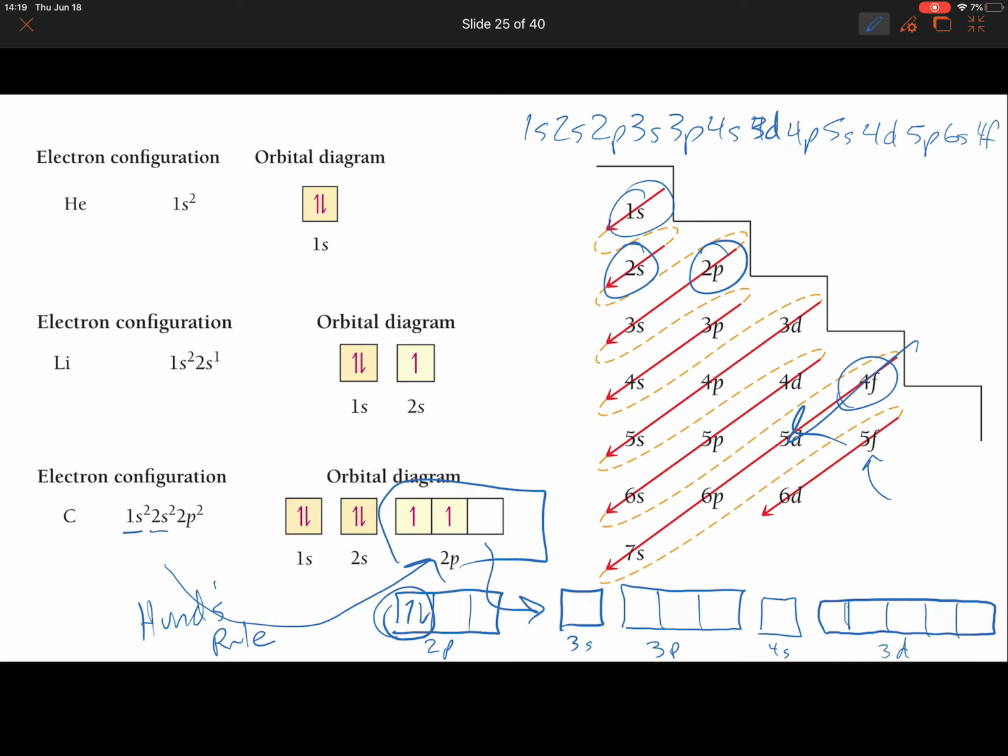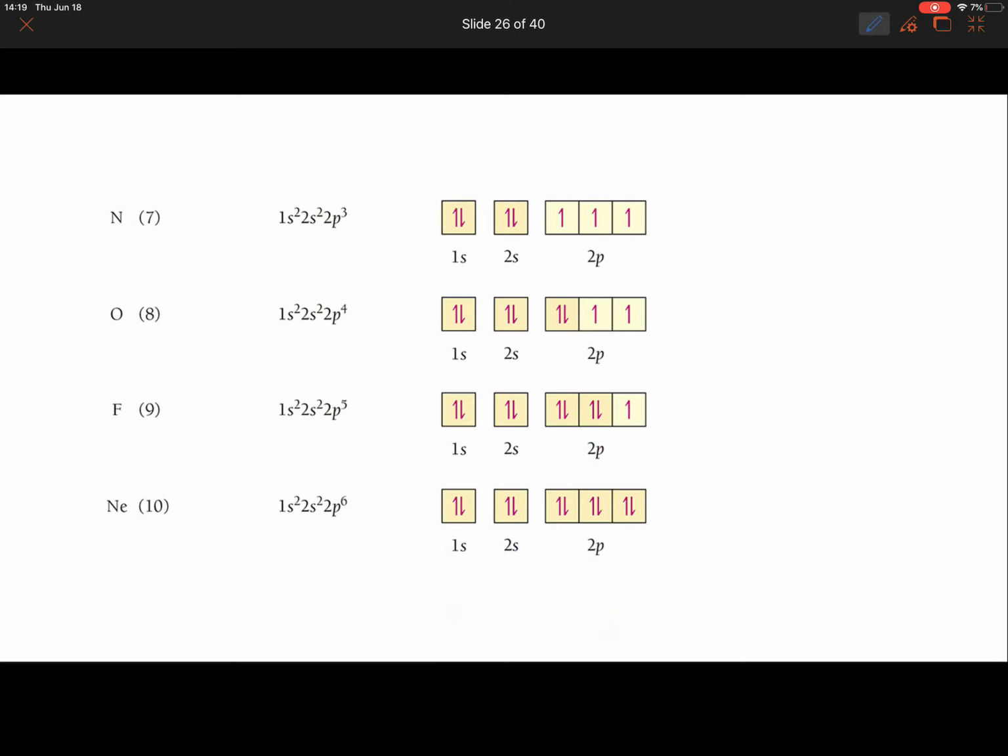But we won't go really that far into the periodic table. All right. Lower energy orbitals fill before higher, no more than 2 electrons in the same orbital, and only pair up electrons after they've been spread out first. And so you can see here from the next 4 electron configurations how that would look.